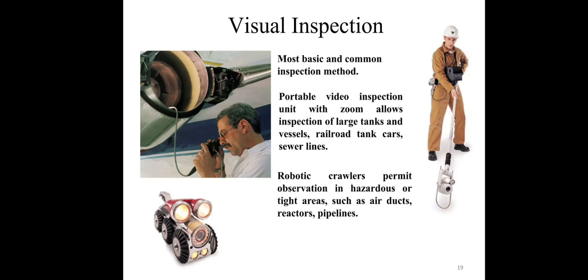A portable video inspection unit with zoom allows inspection of large tanks and vessels, railroad tracks, cars, sewer lines. Robotic crawlers permit observation in hazardous or tight areas such as air ducts, reactors, pipelines.